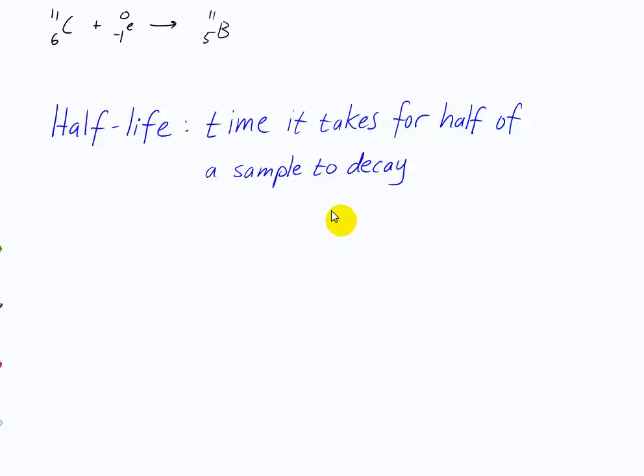So what you're seeing here is that each half-life you reduce by half. And we can describe that in this type of equation: one over 2 to the n, where n is the number of half-lives.